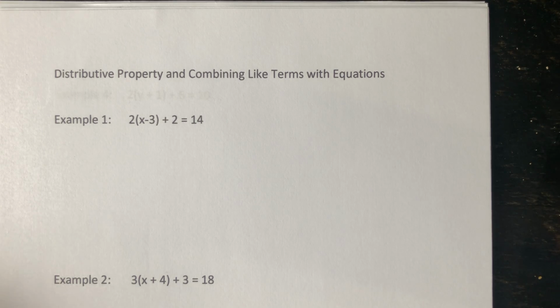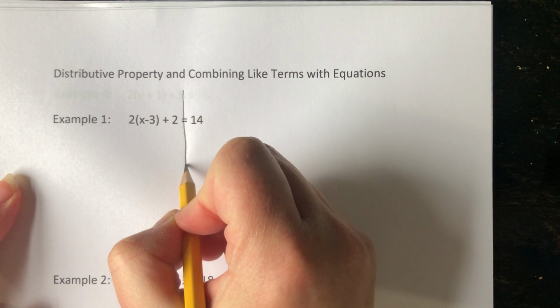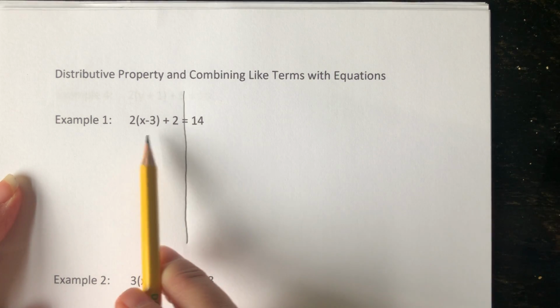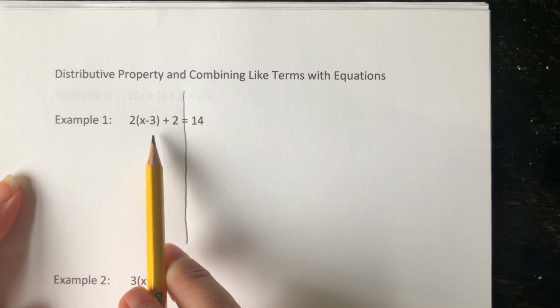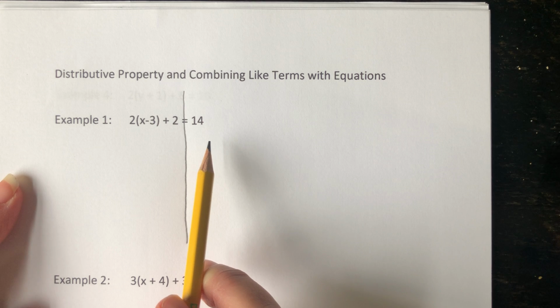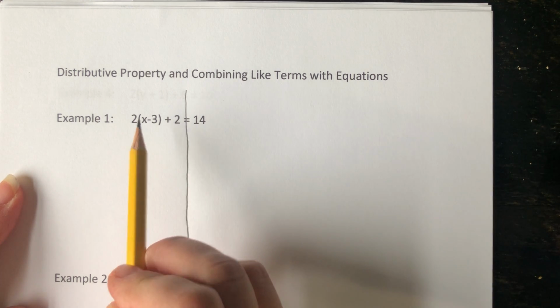As always, let's separate the two sides of the equation right through the equal sign. If I look at my left side here, there's a lot I can simplify before taking anything over to the other side. So the first thing I want to do is use distributive property to simplify.